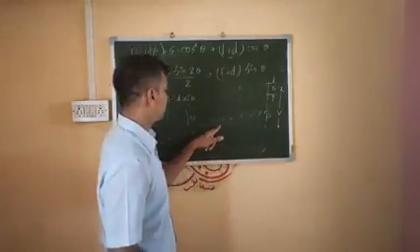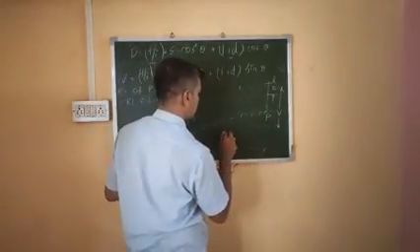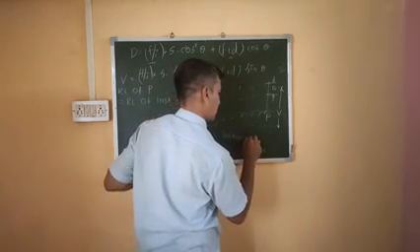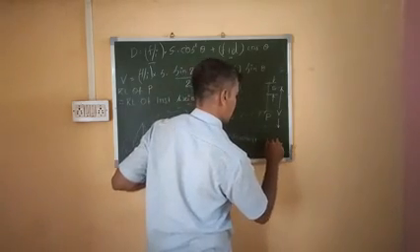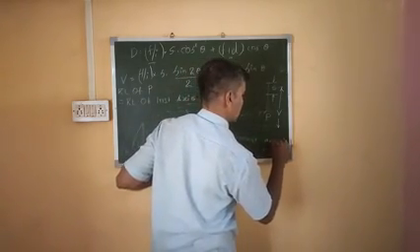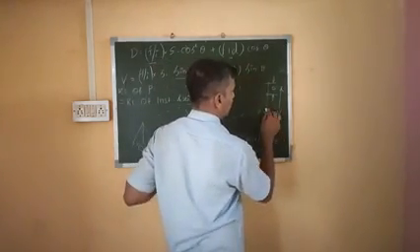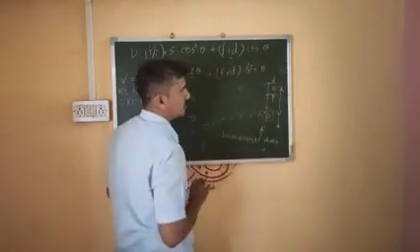This is the RL of instrument axis. This is instrument axis, and we would like to find out the RL at this point P.